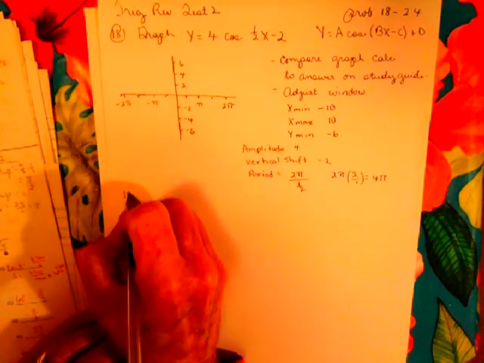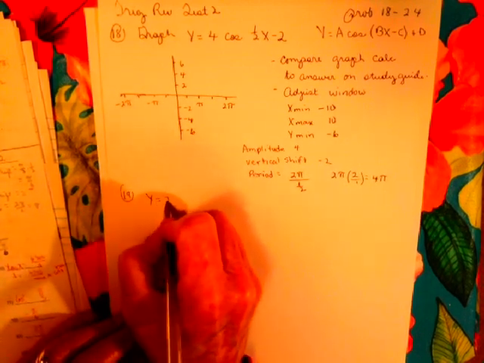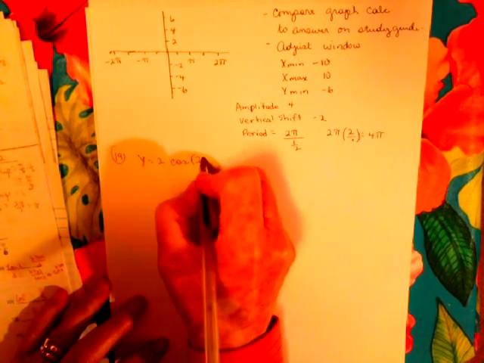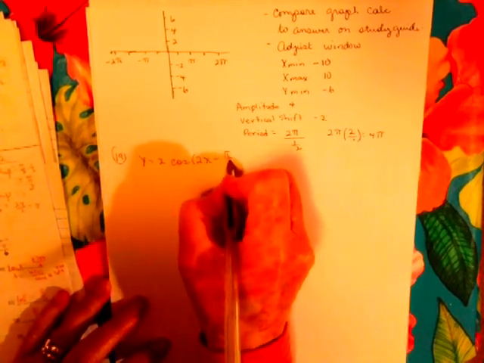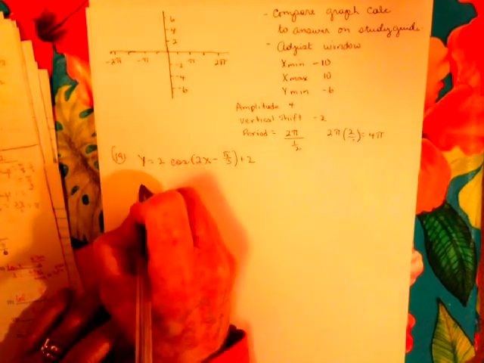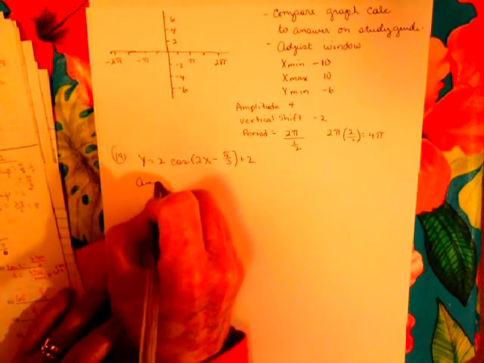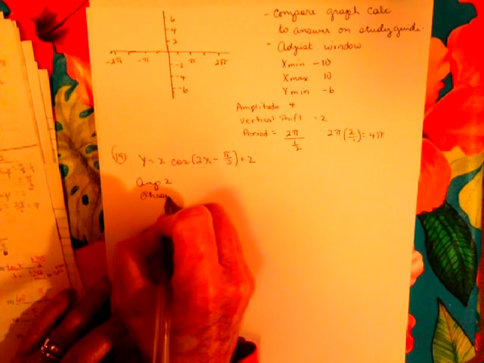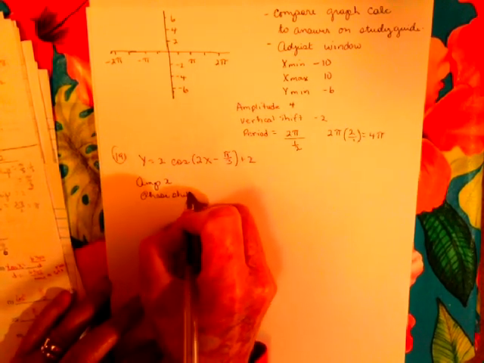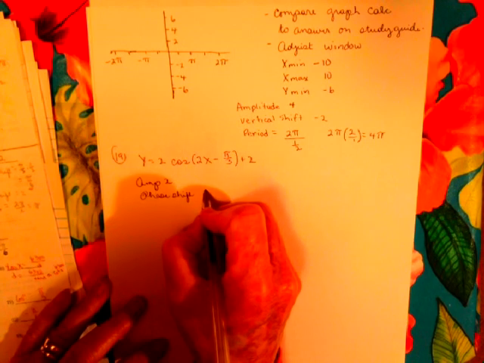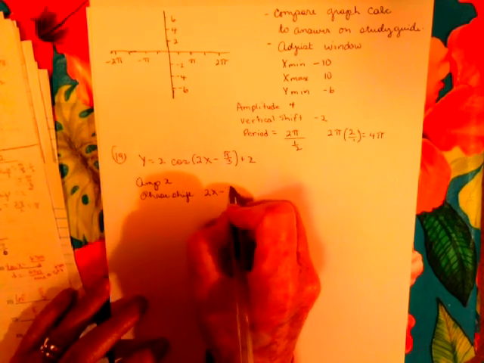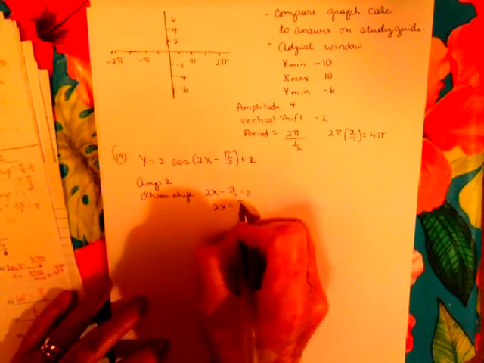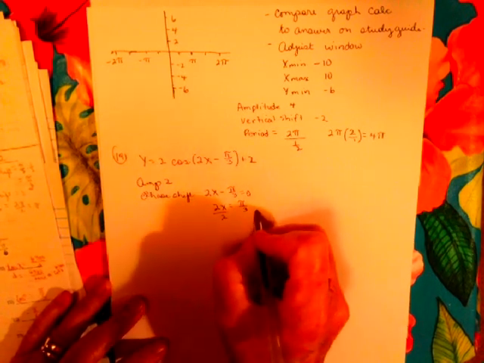Number 19, y equals 2 cosine 2x minus pi over 3 plus 2. I know amplitude is 2. I know that this has a phase shift of, if I set 2x minus pi over 3 equal to 0, it's 2x equals pi over 3, divide by 2.